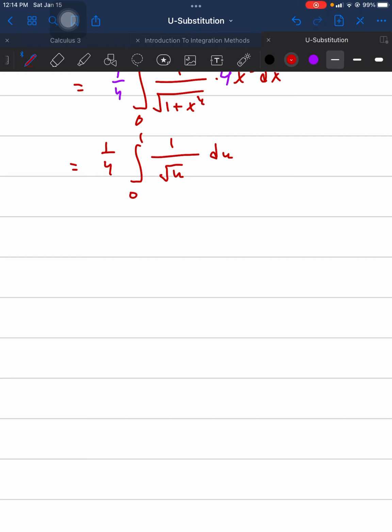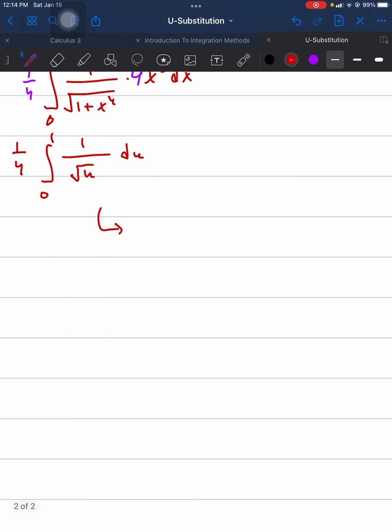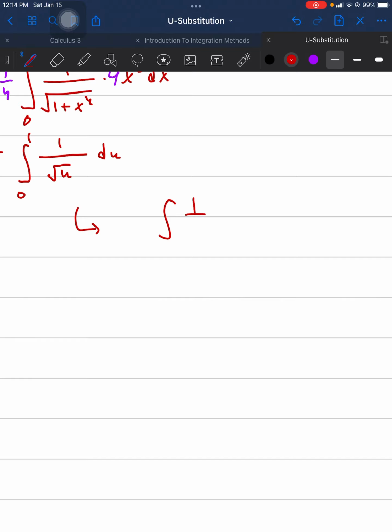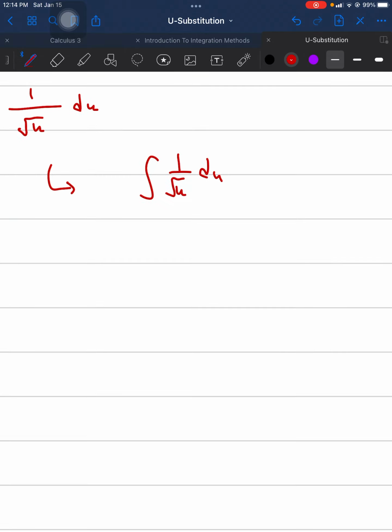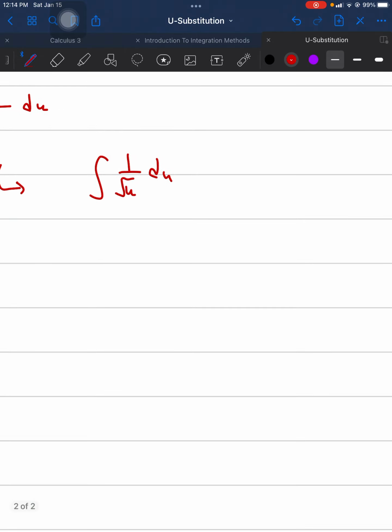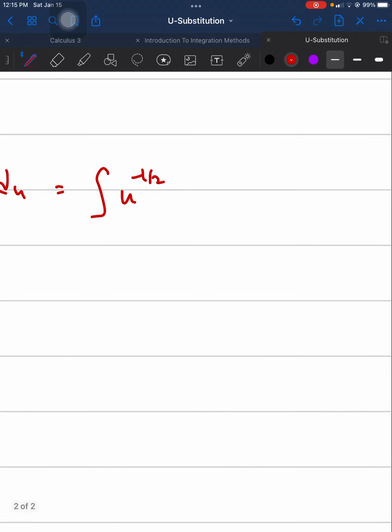So first thing we're going to do is actually solve for the general integral of this expression, 1 over radical u. So let's do this to the side right here. The integral of 1 over radical u du is simply u to the negative 1/2 du.